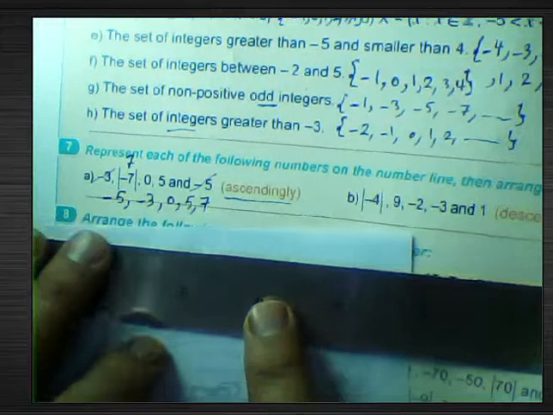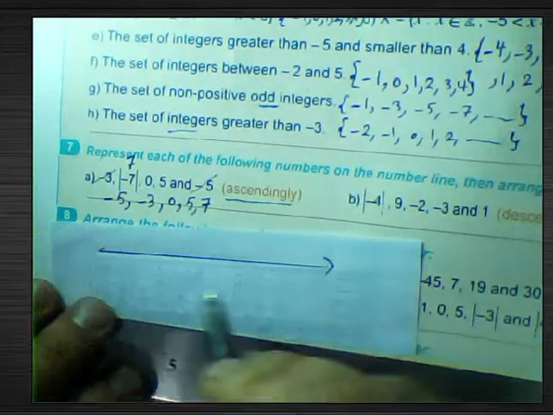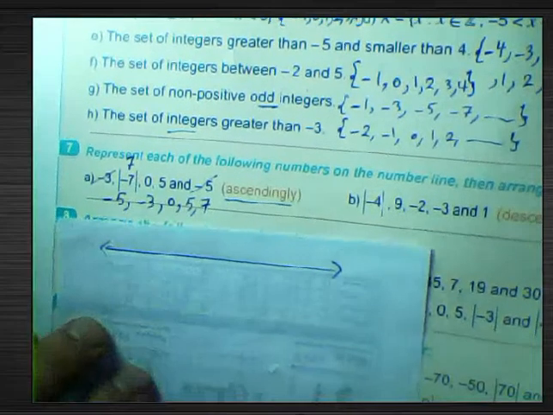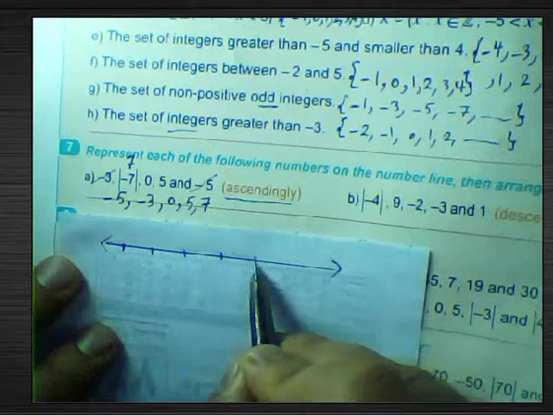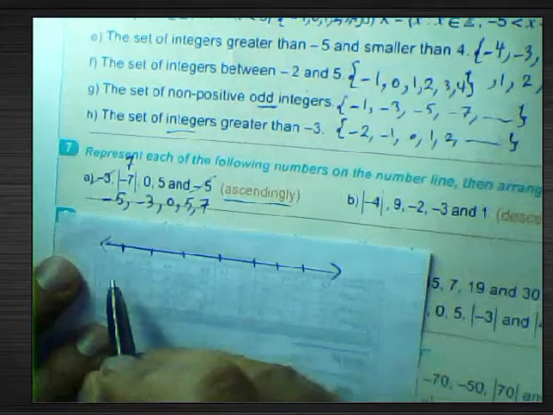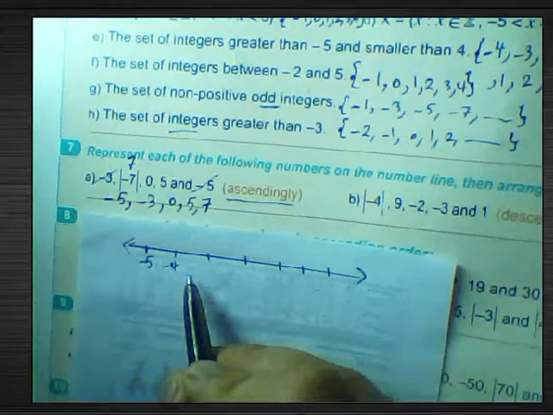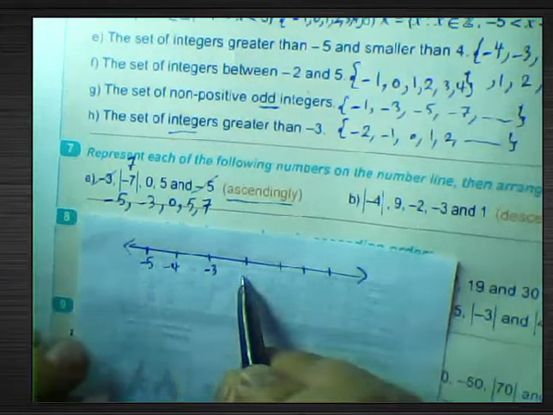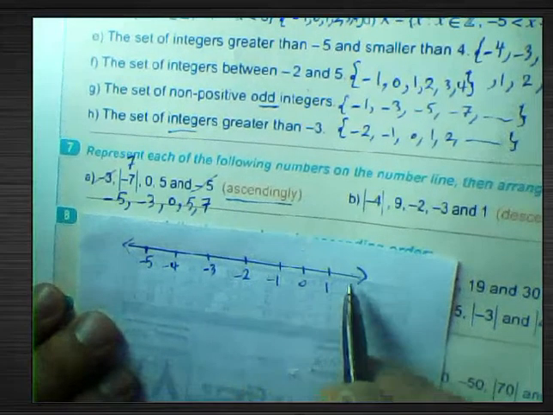You can represent it on a number line with your ruler. Put your points from negative 5, negative 4, negative 3, negative 2, negative 1, 0, 1, 2.